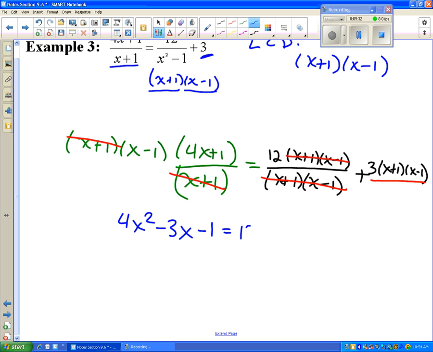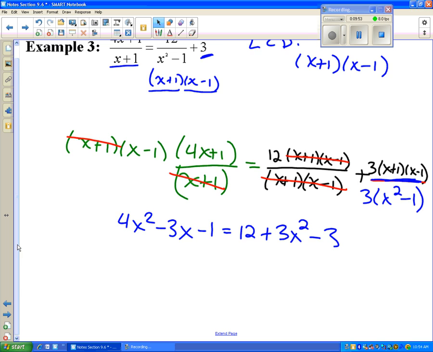This is going to equal 12, over here, x plus 1 times x minus 1 is x squared minus 1, times 3 is going to be 3x squared minus 3. Why? Because this is 3 times x squared minus 1. Distribute the 3, I get 3x squared minus 3.